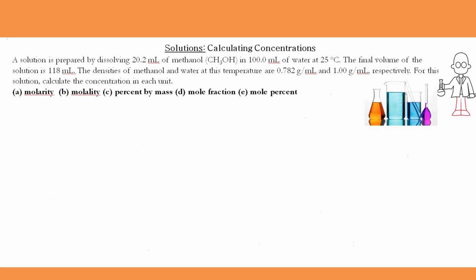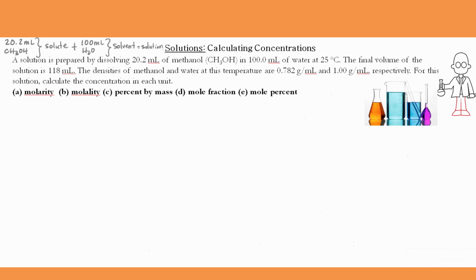So 20.2 milliliters of CH3OH, that's going to be our solute. 100 milliliters of H2O, that's going to be our solvent. So if we sum these two together, that's going to be our solution.